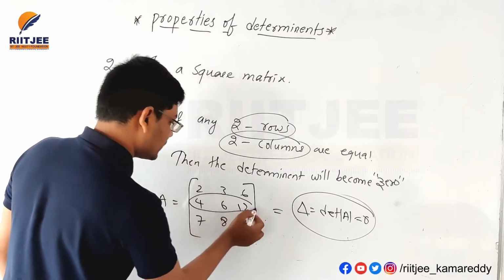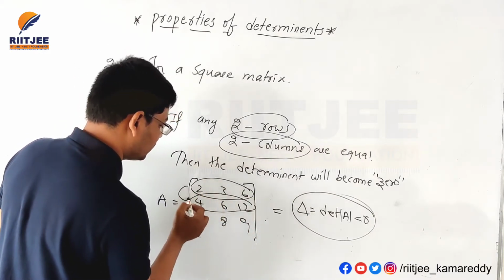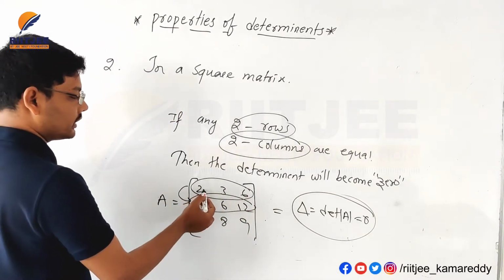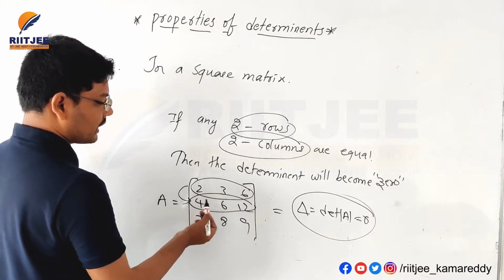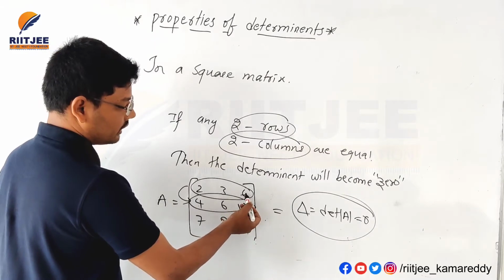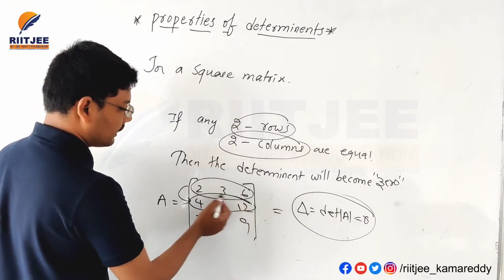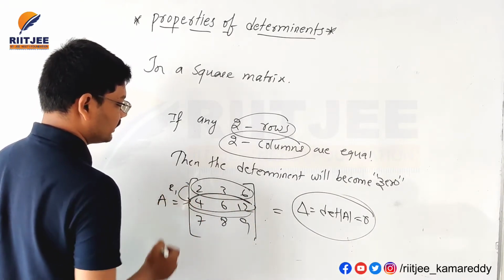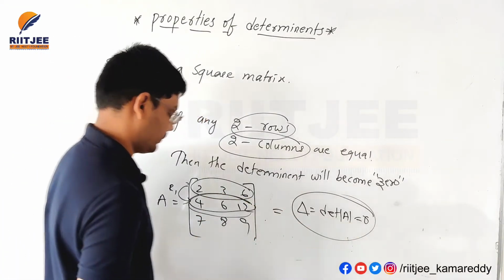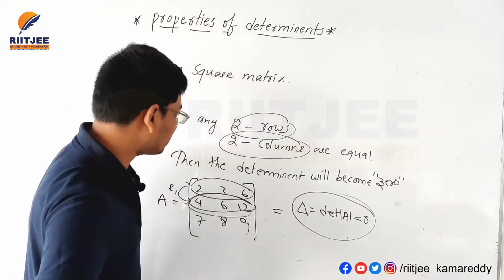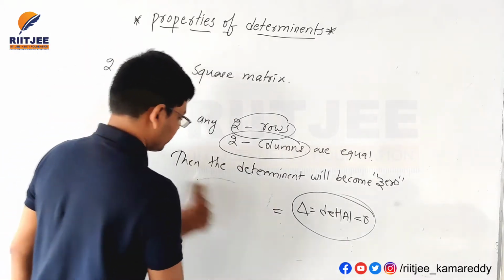Here R2 is a multiple of R1: 4, 6, 12 divided by 2 gives 2, 3, 6. So this also has determinant equal to 0. This is all about property number 2.